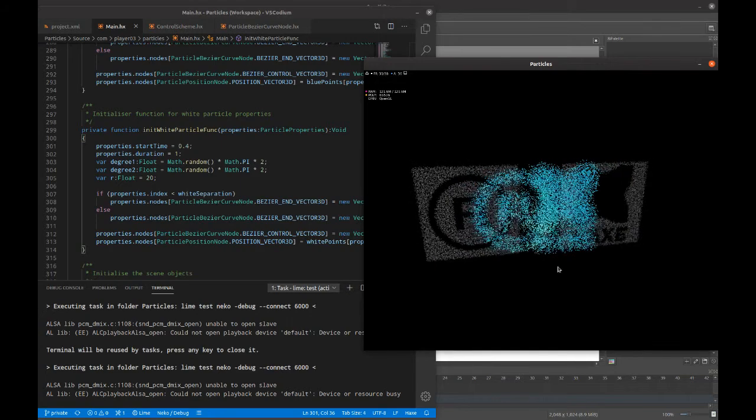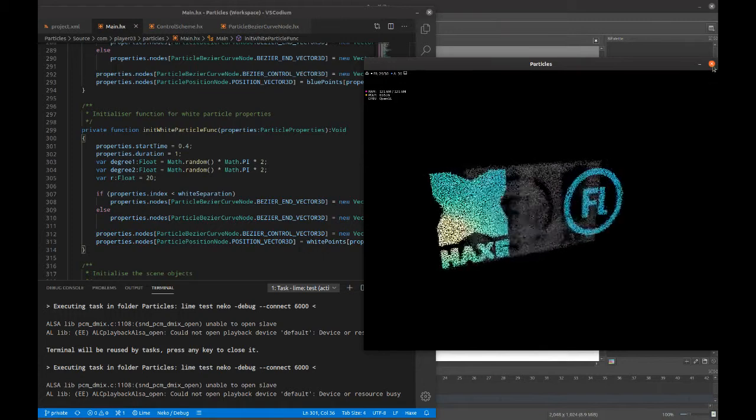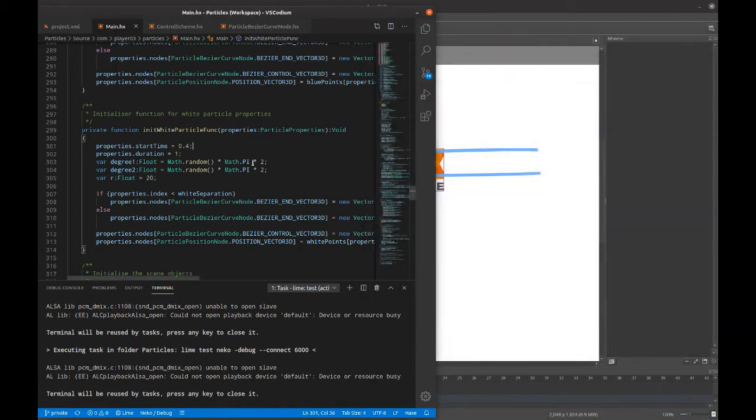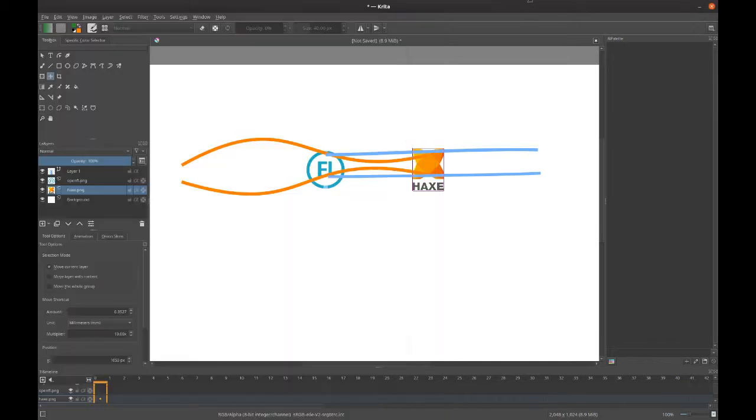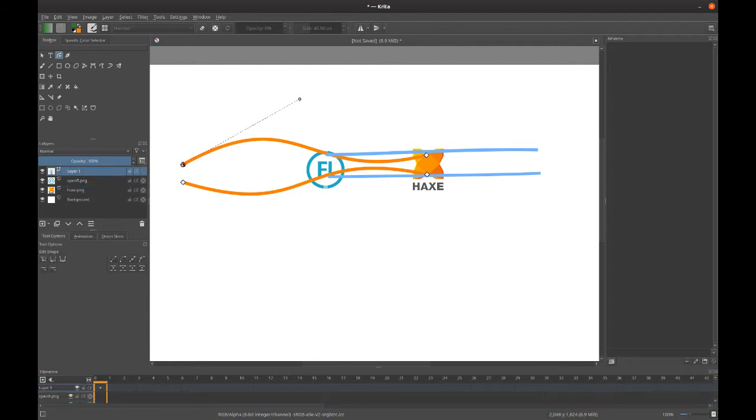Oh, it's not what I was trying for, but I may have just figured it out. I bet this is supposed to be symmetrical.